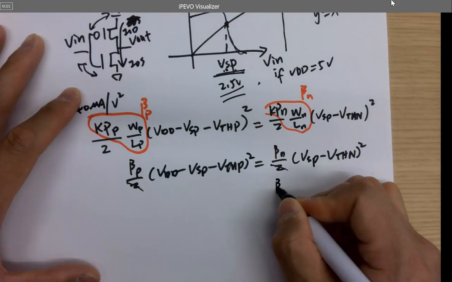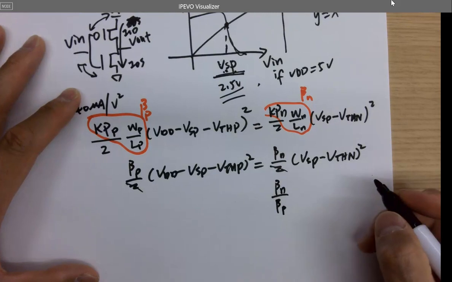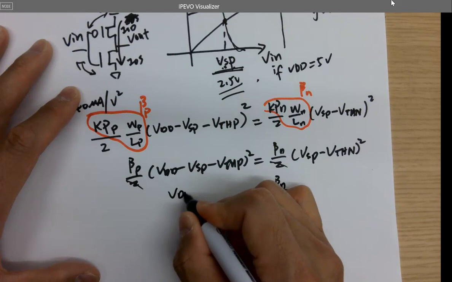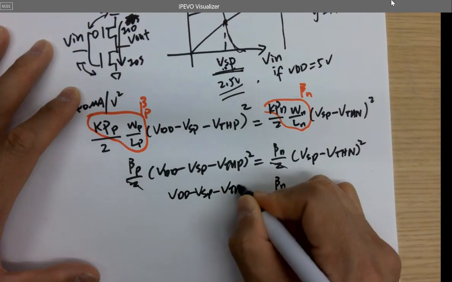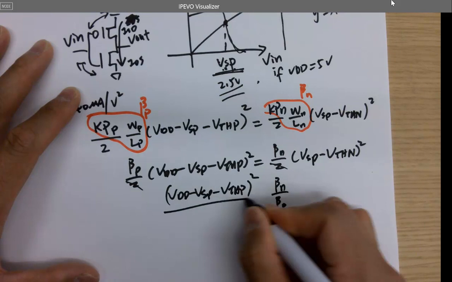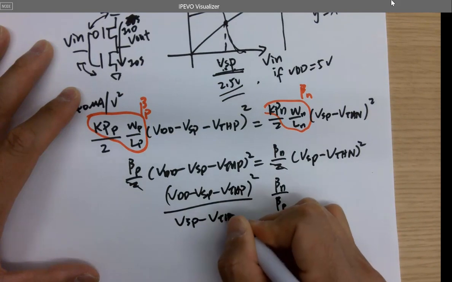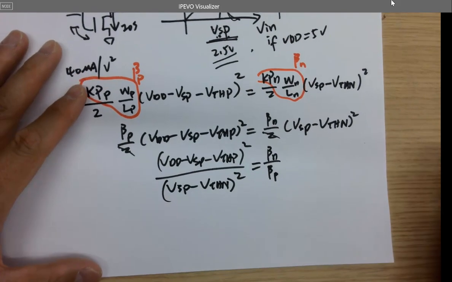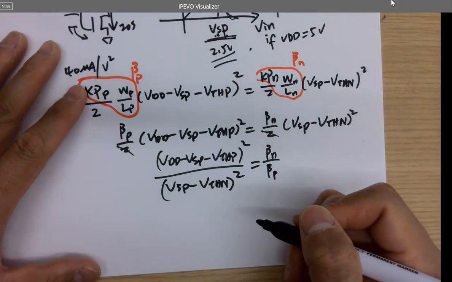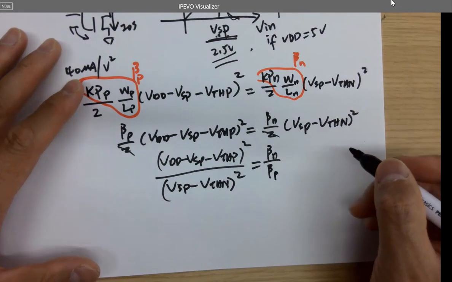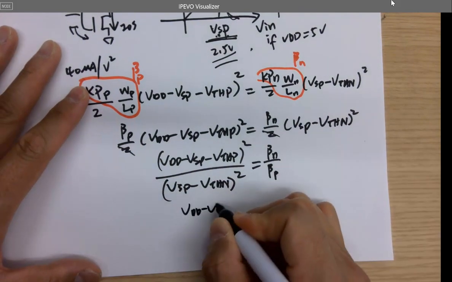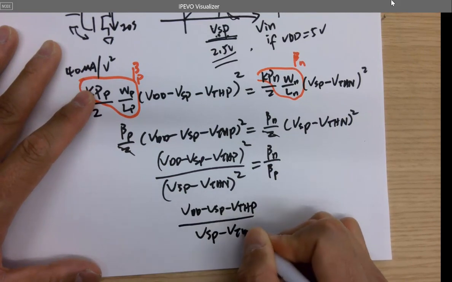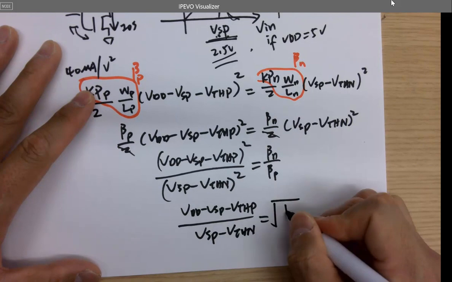So that equals beta n over beta p, and move this one to this side, which is (VDD minus VSP minus VTHP) squared over (VSP minus VTHN) squared. Then take the square root on both sides of the equation. So (VDD minus VSP minus VTHP) over (VSP minus VTHN) equals the square root of beta n over beta p.